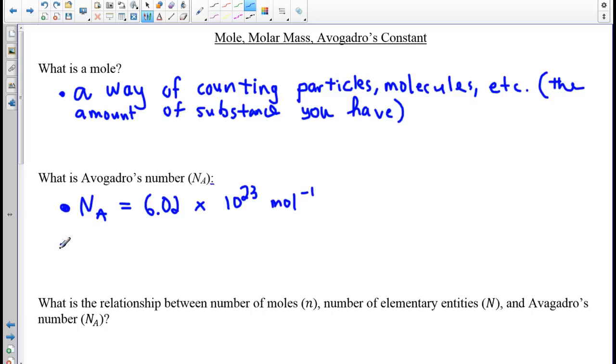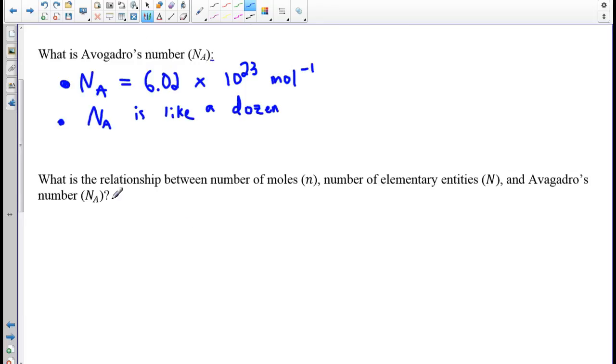Okay, and what is it conceptually? This is not our definition, but Avogadro's number is like a dozen. It's a way of counting a very large number of molecules. So what's the relationship between number of moles and the number of elementary entities?